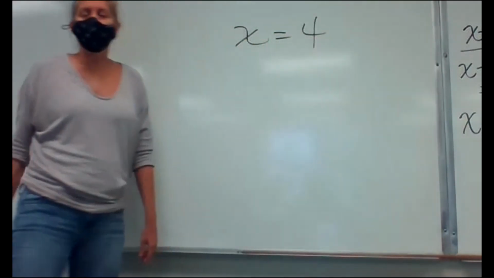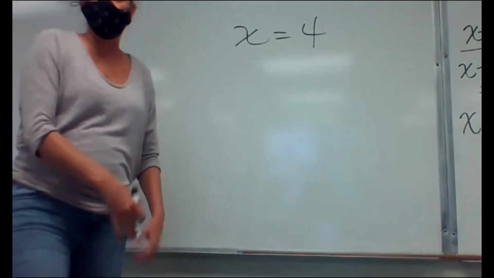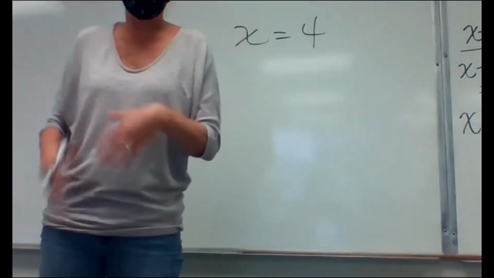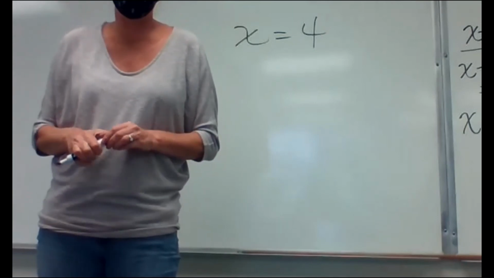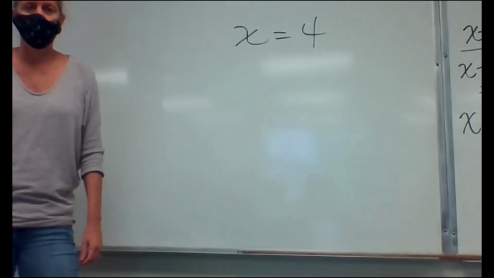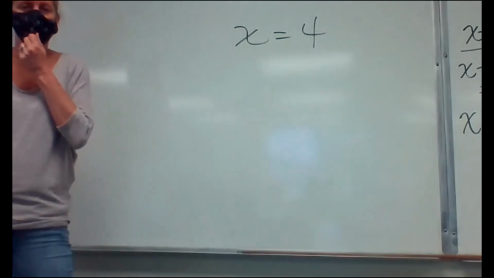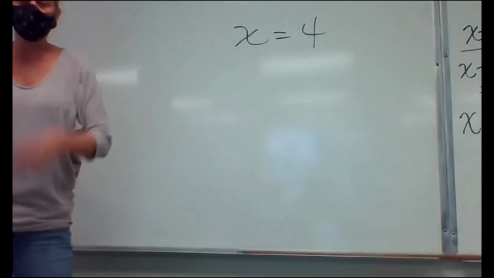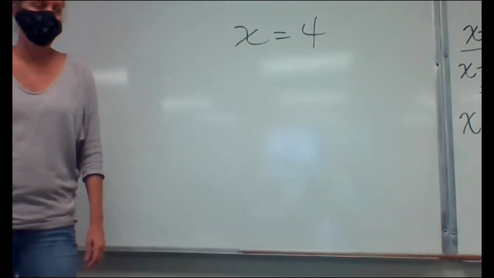Every graph that we've done so far has, in the equation, somewhere there's been an X and somewhere there's been a Y, right? This is a special kind of line. All it cares about in the whole world is that its X coordinate is 4.